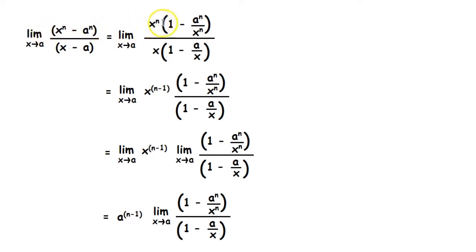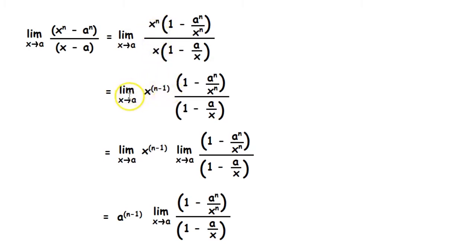So this gives us x to the power n into 1 minus a to the power n divided by x to the power n. And from the denominator we take x out. So this gives us x into 1 minus a over x. So now here we can see we have x to the power n divided by x to the power 1. So this means we will get x to the power n minus 1.